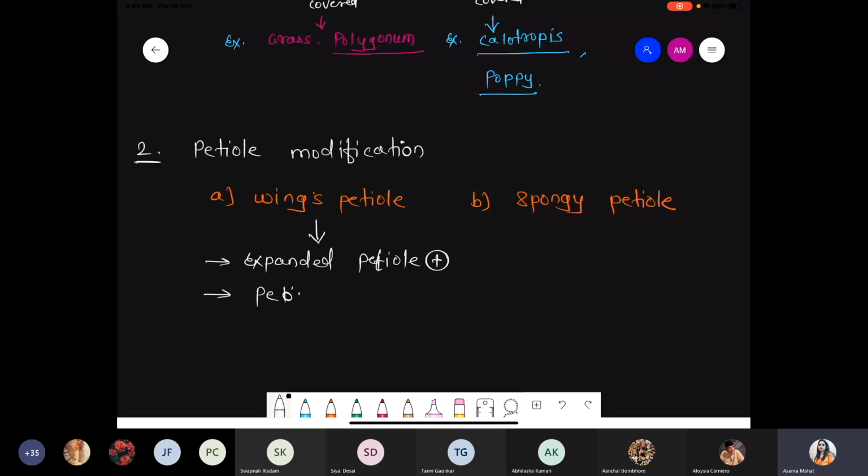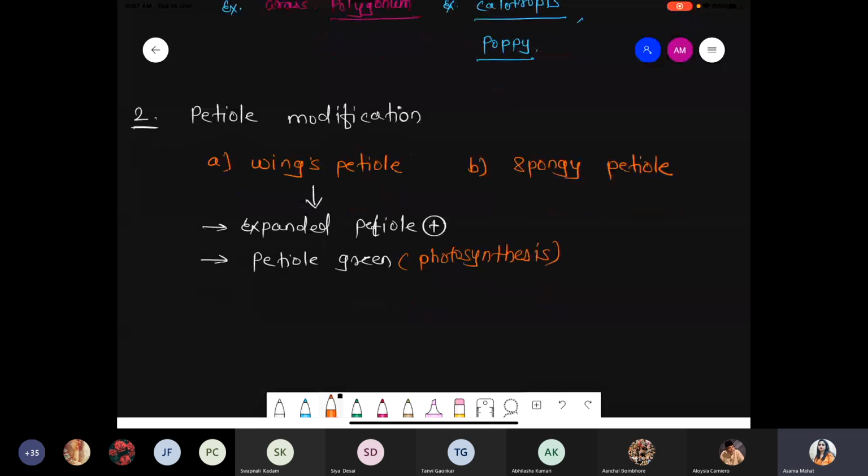Petiole is basically green, and you know very well, whenever we talk about the green condition, it means they are performing photosynthesis. Such a winged petiole is very common in citrus. Example for the winged petiole is citrus.